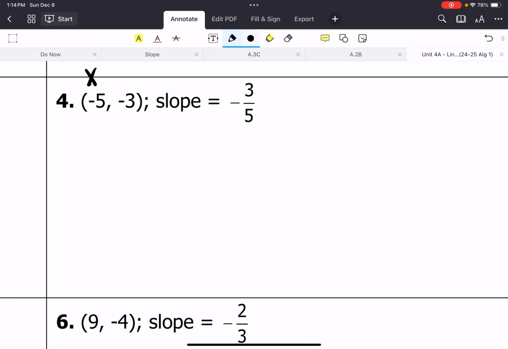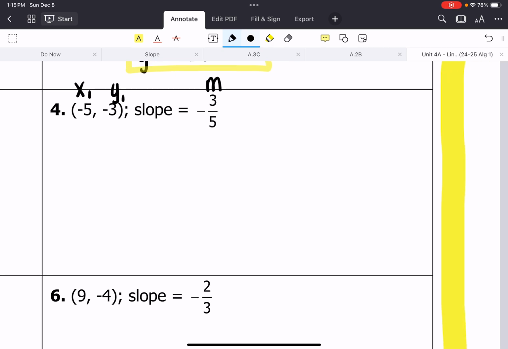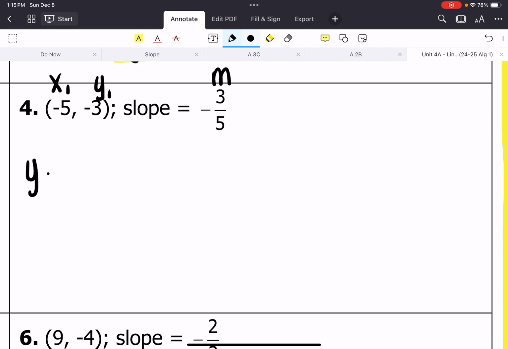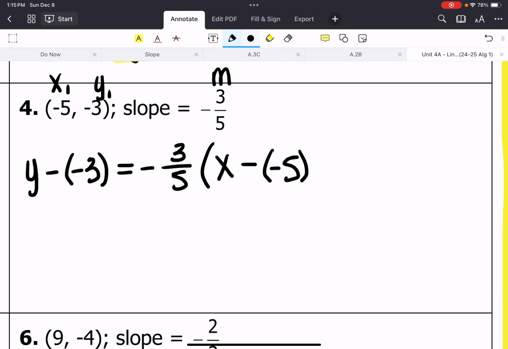Okay, for number 4, same point slope form of y minus y1, which in this case is negative 3, equals m, which is negative 3/5, times the difference of x minus x1, which here is negative 5.